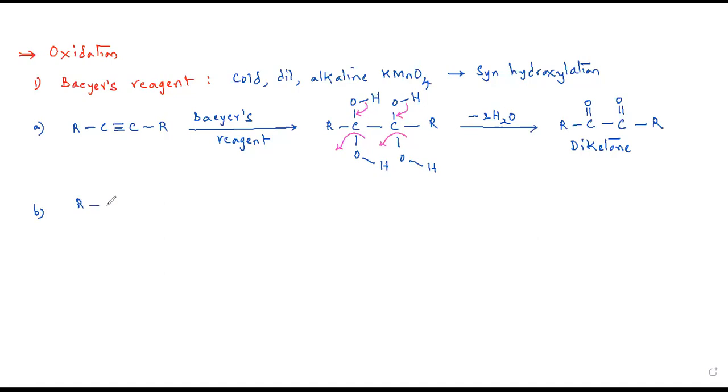Let's see what if a terminal alkyne is taken? Again, the same kind of thing. Add OH across the multiple bonds. Now again, elimination of water molecules.